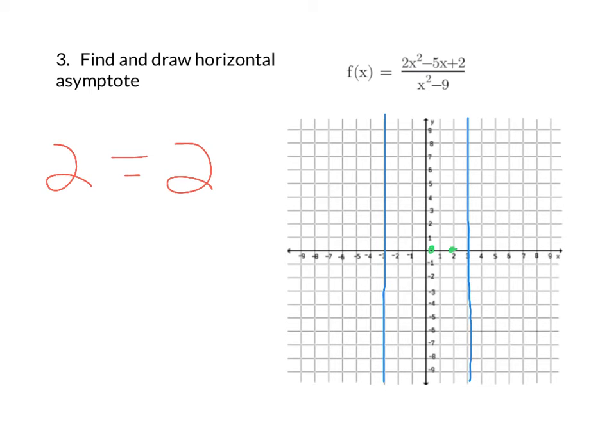Since the degrees are equal, the horizontal asymptote is the line y equals the leading coefficient of the numerator, 2, over the leading coefficient of our denominator, 1, or y equals 2. So I'm going to go to my y-axis and draw in my line y equals 2. Please take a moment to pause this video and record the next step in our example.